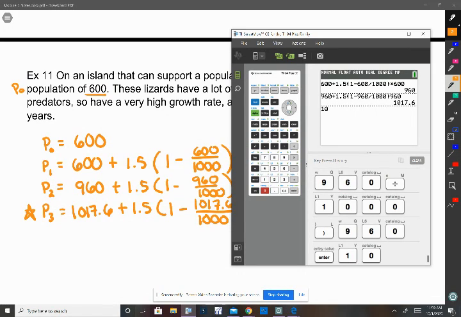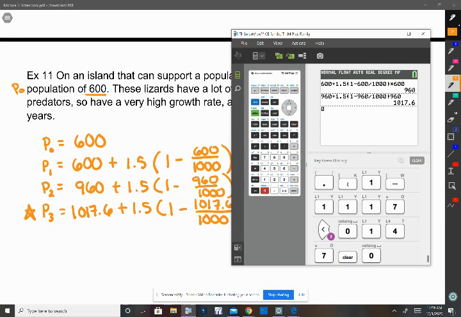So you've got 1017.6, and it'll be plus 1.5 parentheses 1 minus 1017.6 divided by 1,000.